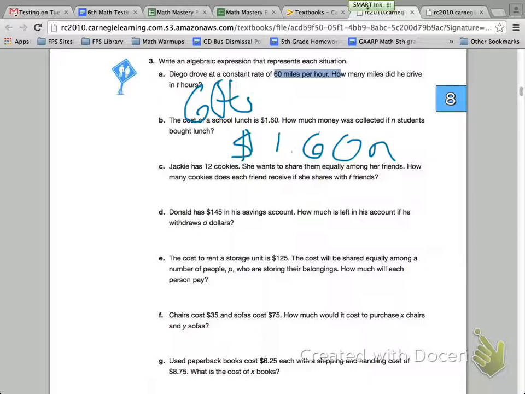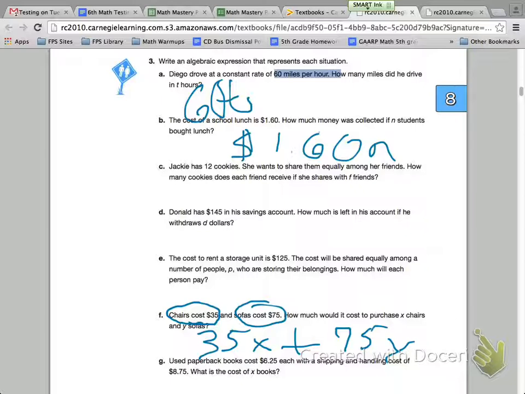X chairs would be 35 multiplied by X, because it's 35 multiplied by the number of chairs, and you'd have to add that to the cost of the sofas. Sofas cost $75 multiplied by the number of sofas, so it'd be 75y. Okay, so 35x plus 75y.